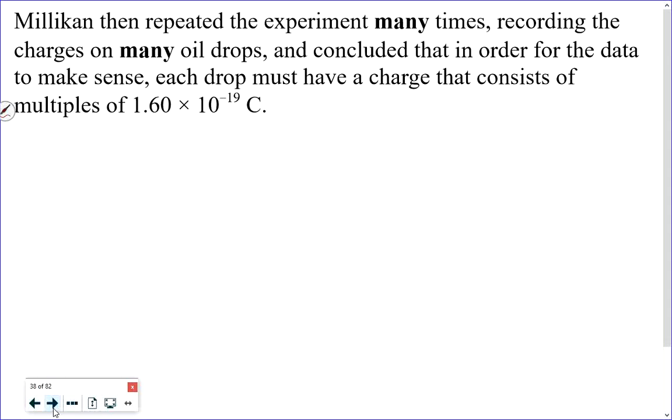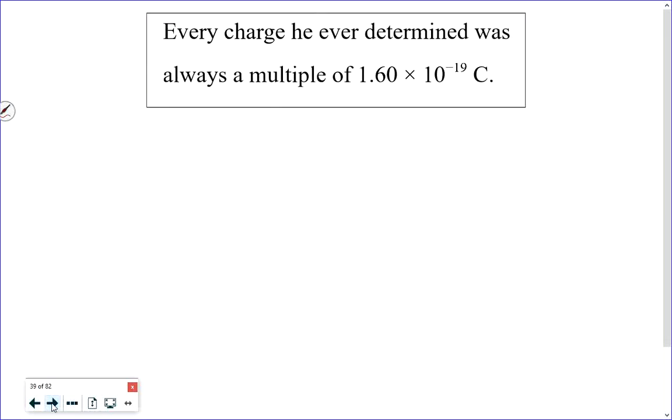If I gave you 1,000 different charges that were all a multiple of that number, mathematically it's a puzzle to figure out what that thing is that everything is a multiple of. But he was able to do it. And that's true. That's not a jazzed up version for high school. Every charge he ever determined was always a multiple of that. That's how we know the charge of an electron. That's how we initially knew it.